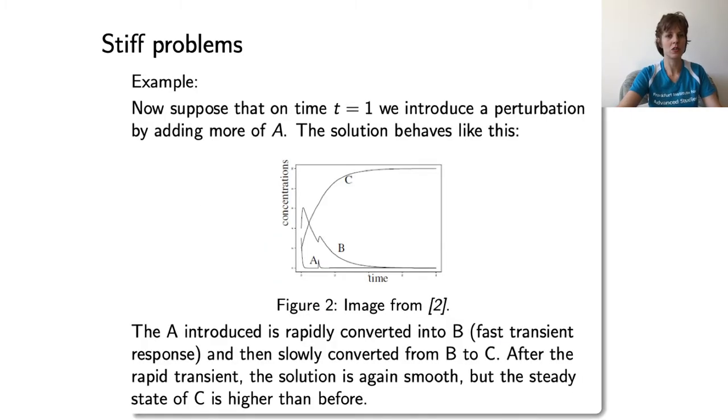So now suppose that at time t1 we introduce a perturbation by adding more A. So the solution behaves like this. A is really fast, and we don't have the A from before anymore, and then at time t1 we add more A here.